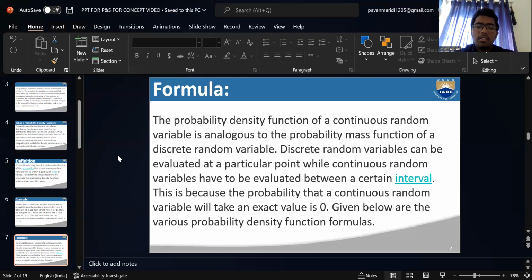This is because the probability that a continuous random variable will take an exact value is zero. Given below are the various probability density function formulas.